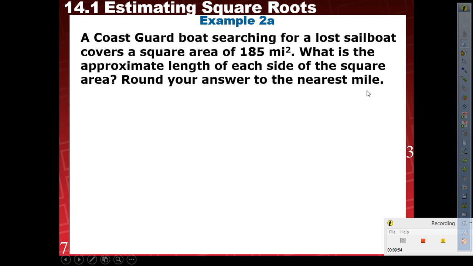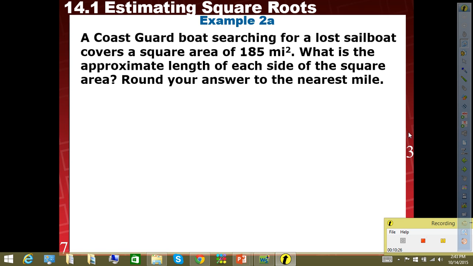Round your answer to the nearest mile. Copy that? All right, let's see.